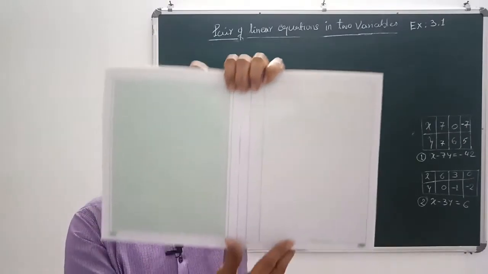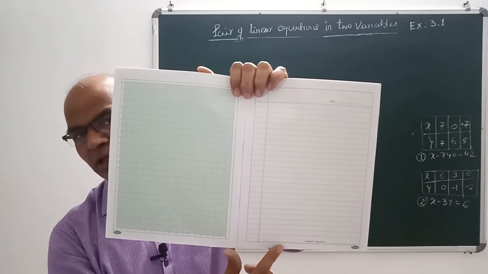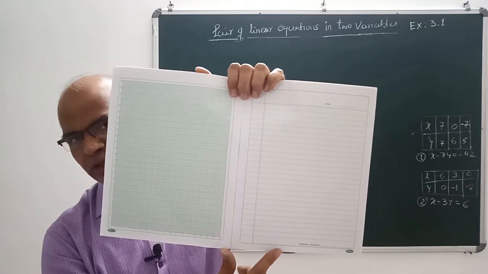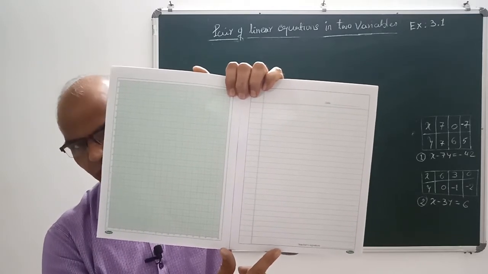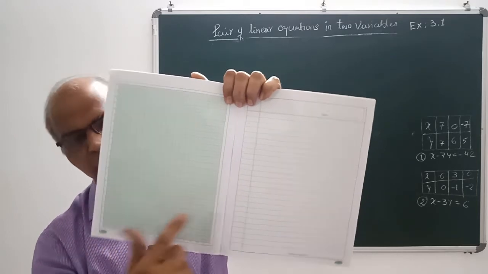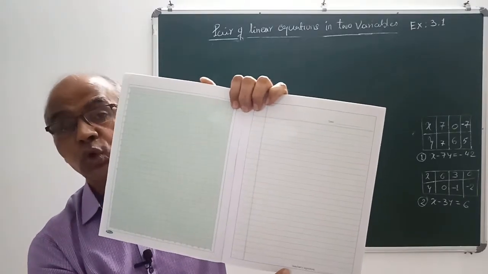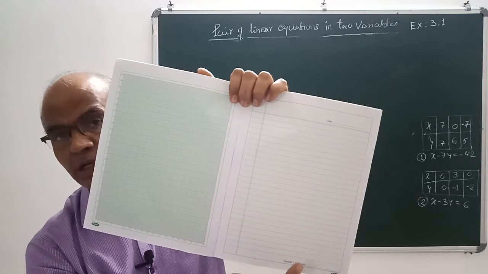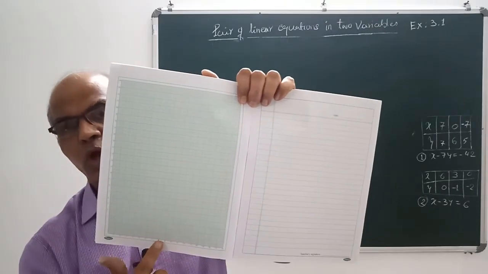Even in the examination, you will be supplied the graph sheet in the booklet itself. One side a blank page will be there, another side a graph sheet. On the blank sheet you have to show the calculation and make the table ready. And on this side you have to draw the graph.